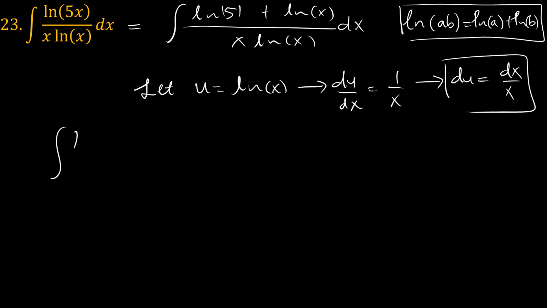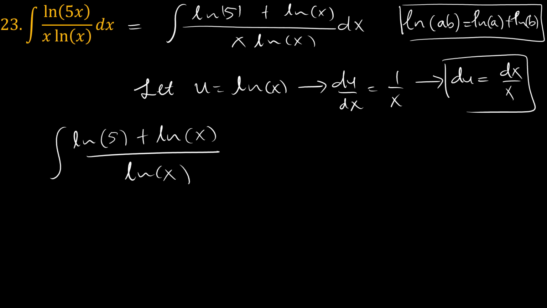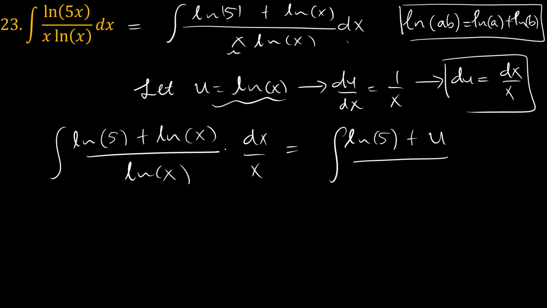Therefore, the integral of natural logarithm of 5 plus the natural logarithm of x, over natural logarithm of x, and this we can bunch together, so we have dx over x, is the same as the natural logarithm of 5, which is a constant, plus u, which we pick from here, over u, and this is du. So this happens to be natural logarithm of 5 over u plus 1.